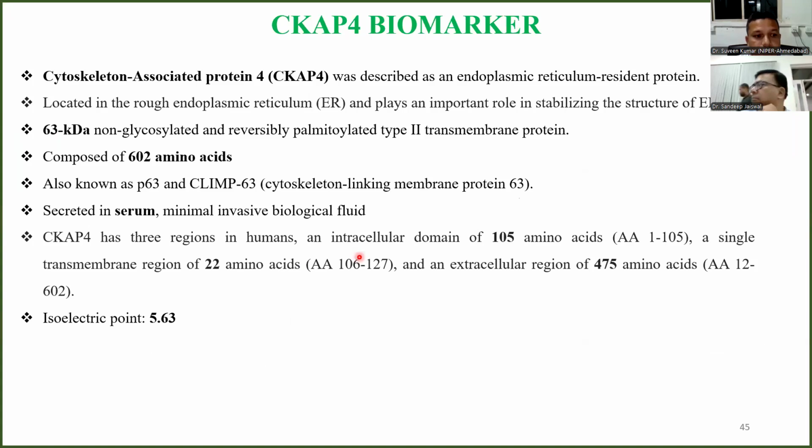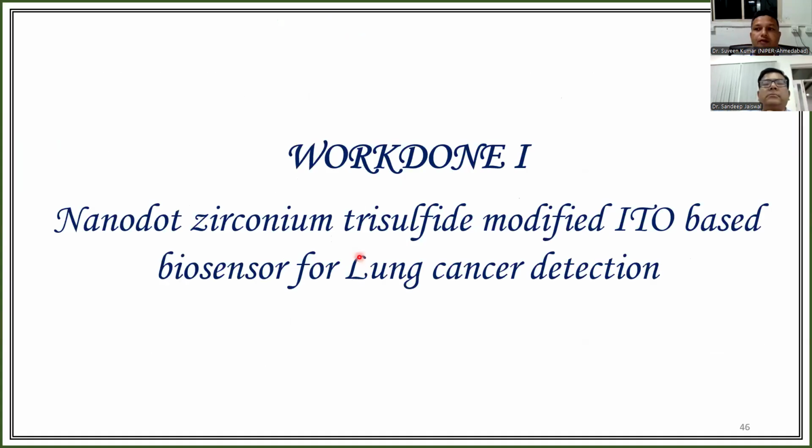When we are talking about the work done first, here we have used some metal chalcogenides, just like molybdenum sulfide, that is generally used for various applications in biosensors, and also in capacitors, supercapacitors, or memory cell development.